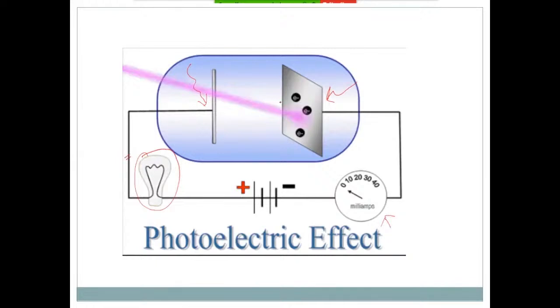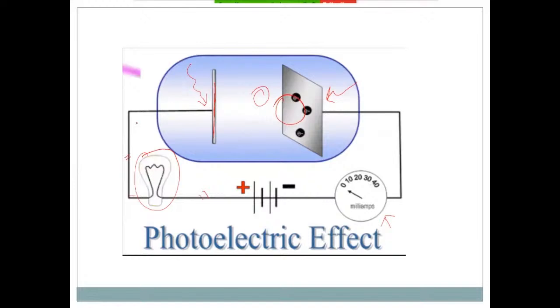So when light falls on the metal surface, photoelectrons are ejected from the metal surface and reach the other metal rod. This metal rod absorbs the electrons, and these electrons start flowing through this conducting wire.